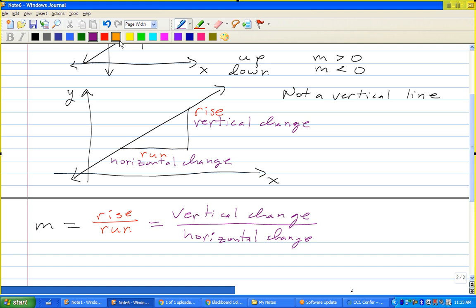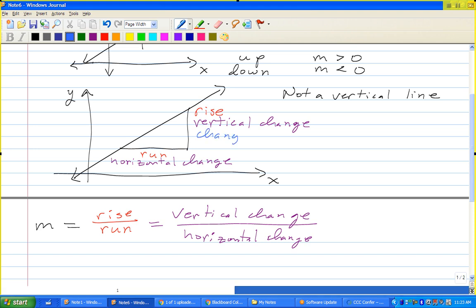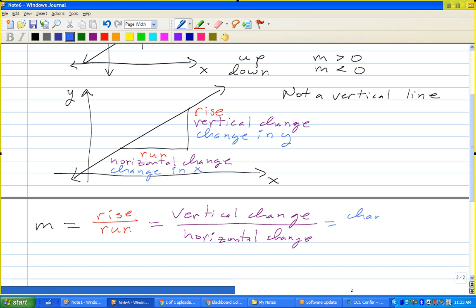It is the change in y over the change in x.